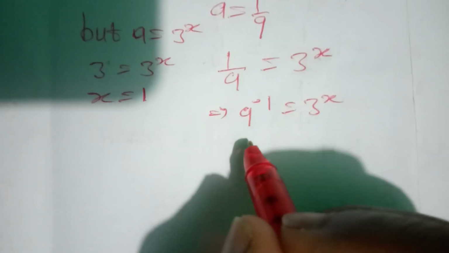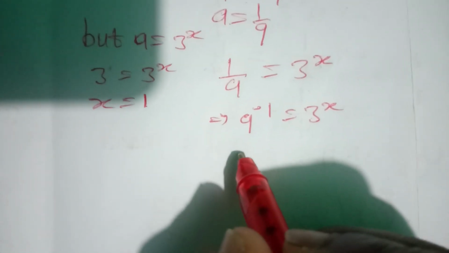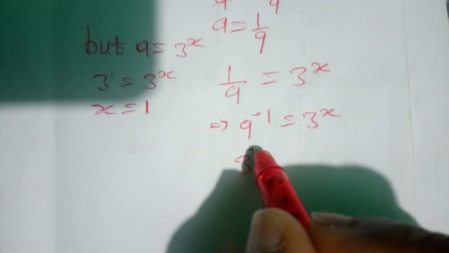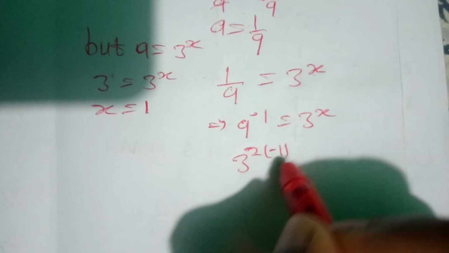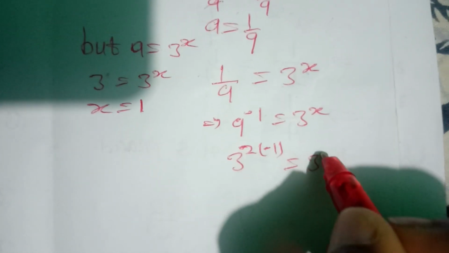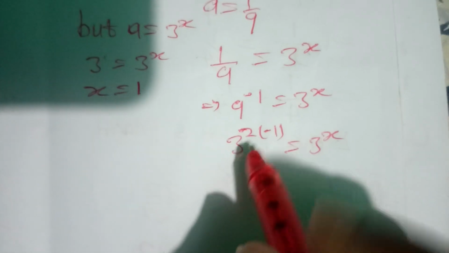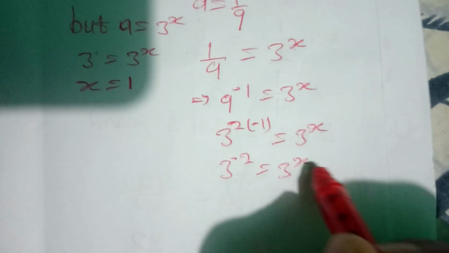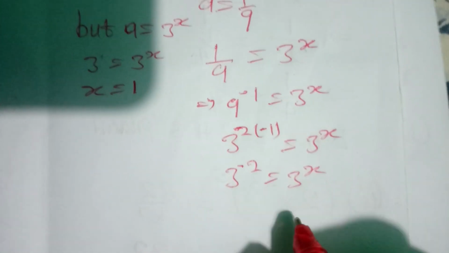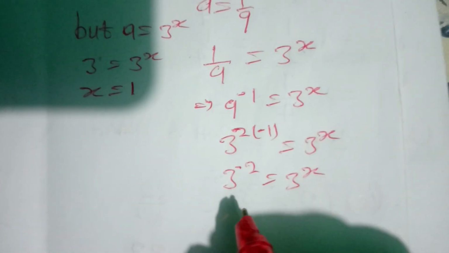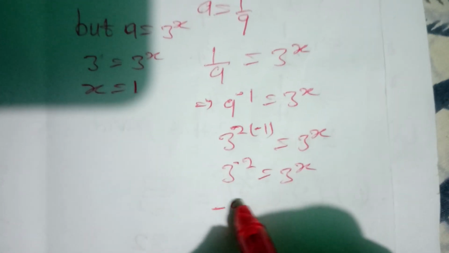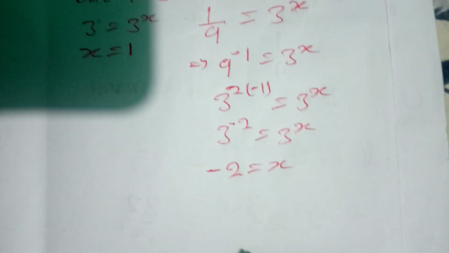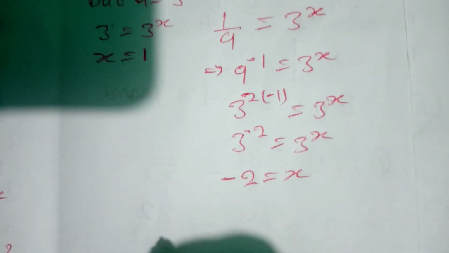This 9 is a perfect square, so it can also be written in another form as 3 exponent 2 multiplied with negative 1 equal to 3 exponent x. So here we have 3 exponent negative 2 equal to 3 exponent x. So now the bases are the same. By the law of indices, when the bases are the same, we equate the exponents. So we have negative 2 equal to x. So these are the two possible values of x in this particular question.